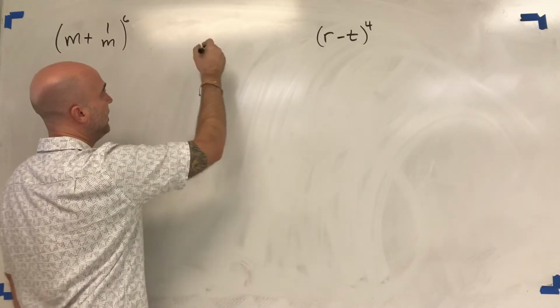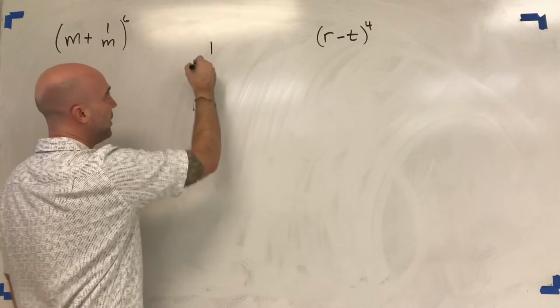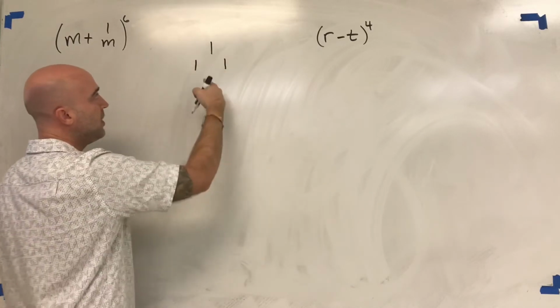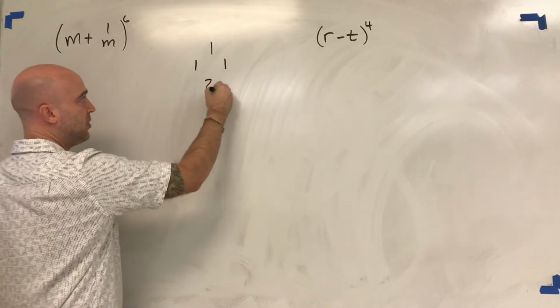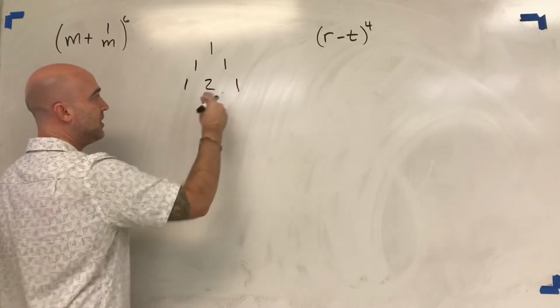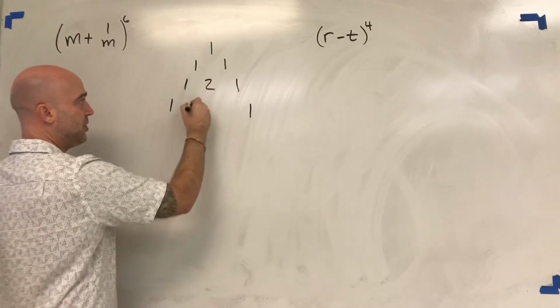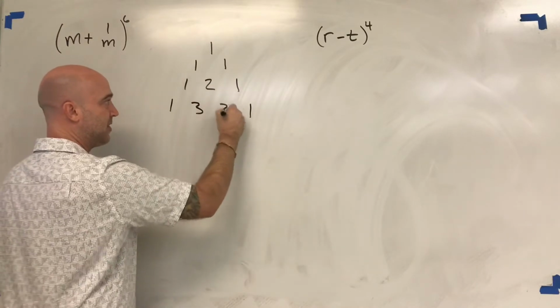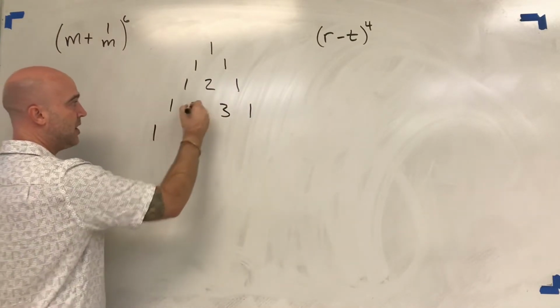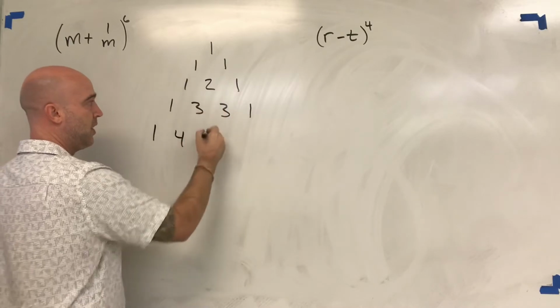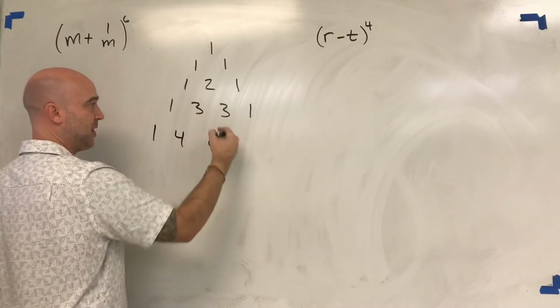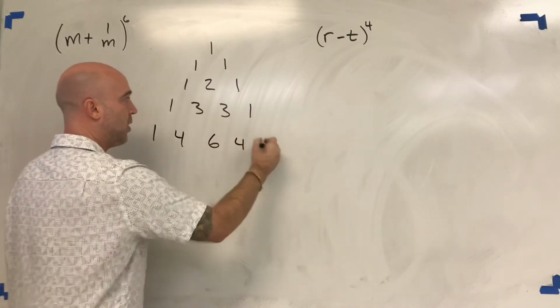This is row 0, row 1, 1 plus 1 makes 2 in the center, and we have the 1s on the end. 1 plus 2 makes 3, 2 plus 1 makes 3, 1, 4, 3 plus 3 is 6, 3 plus 1 is 4, 1.